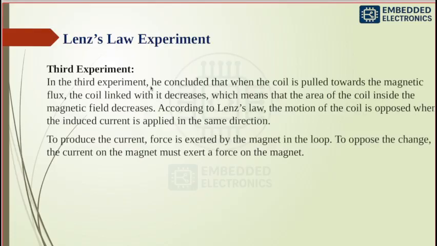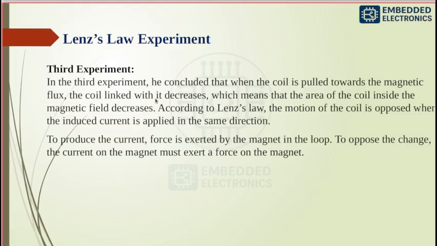In the third experiment, he concluded that when the coil is pulled out of the magnetic field, the flux linked with it decreases, which means the area of the coil inside the magnetic field also decreases.